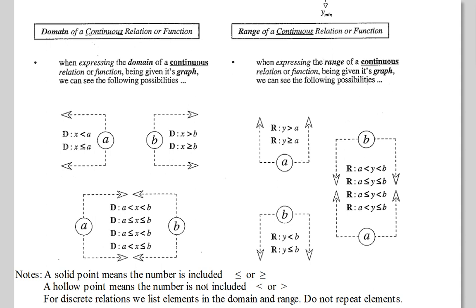X is less than A. So if you look at the graph, we're going to the left of A. Okay? What's this one? X is greater than B. So you're going to the right of B. Okay, look at this one. Y is greater than A. So we go up. So the graph is above A. Y is less than B. So the graph is less than B.